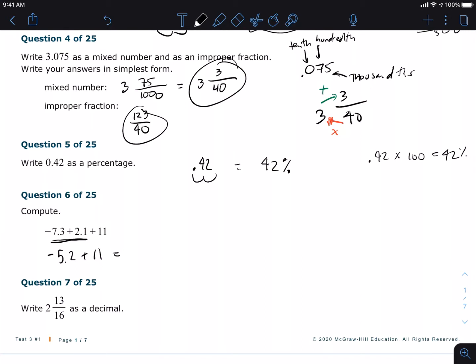He's going to owe me the difference of the $11 and the $5.20, right? So that means that he's going to owe me $5.80. And that's my answer for this one. I always like to think of these problems in terms of money. For some reason, it makes more sense to me and makes it easier for me to understand.